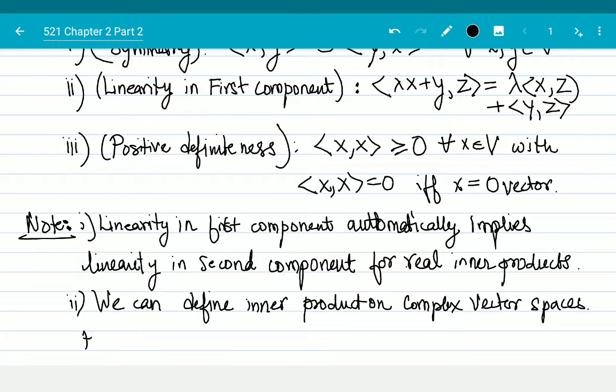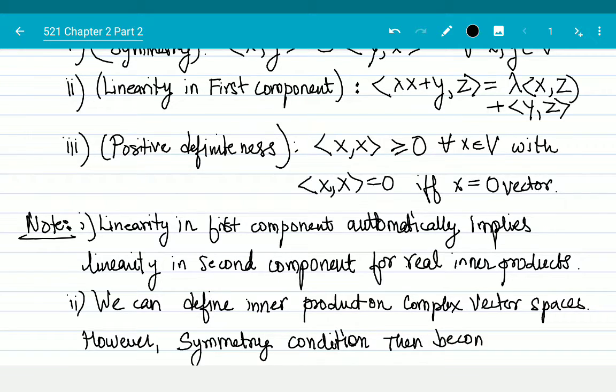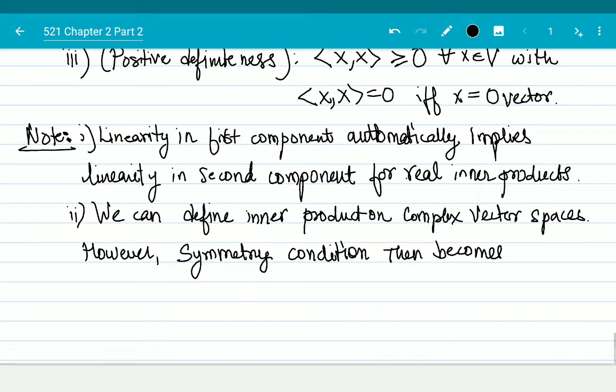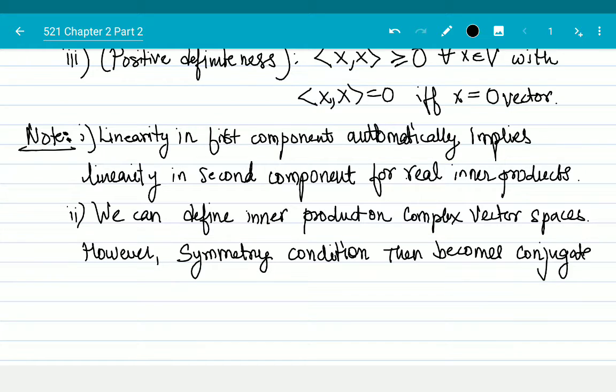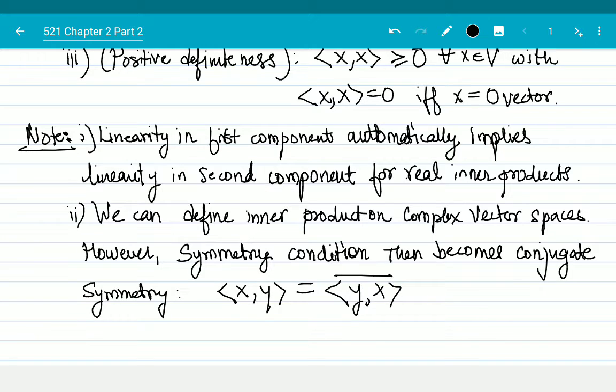The symmetry condition then becomes conjugate symmetry, which is to say x comma y is equal to the conjugate of y comma x.